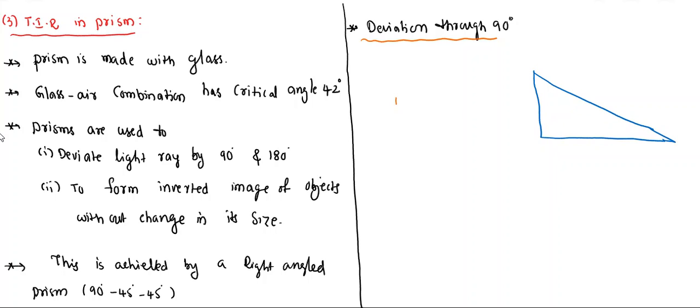This is a prism, a right-angled prism, and here it is 90 degrees, here it is 45 degrees, and here it is 45 degrees, right? And the sum of the three angles is 180 degrees.